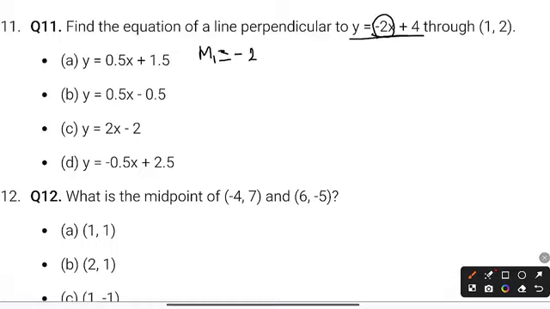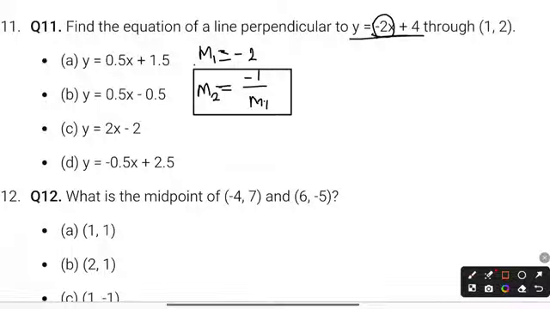Then according to perpendicularity, this condition must be satisfied: m1 times m2 must equal minus 1, so m2 equals minus 1 over m1. That's the condition for perpendicularity, because we're going to use it.